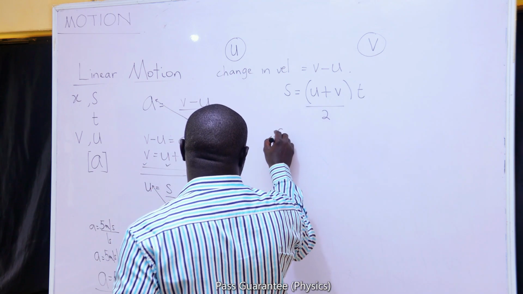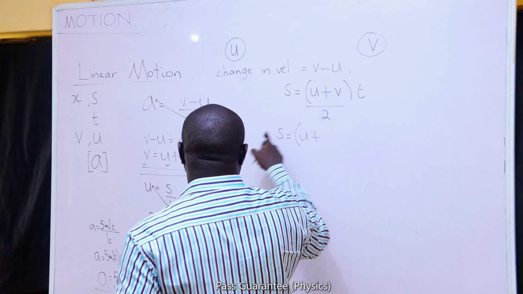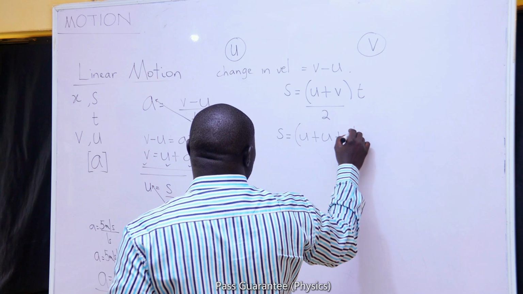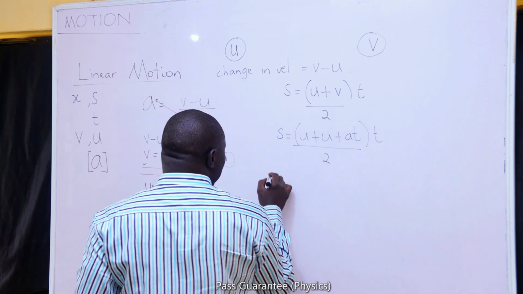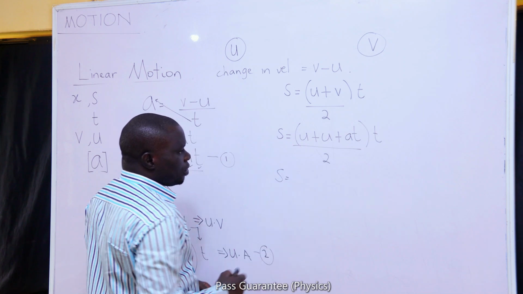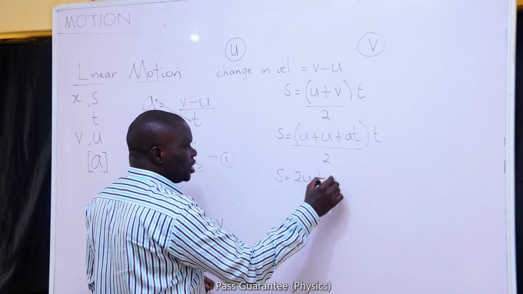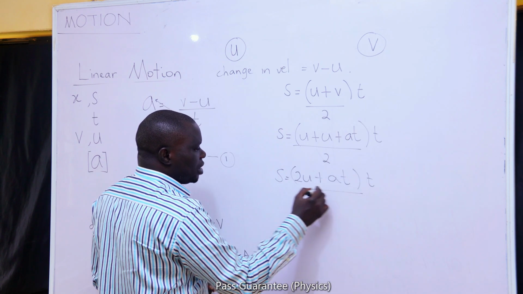If I do that, I will have s is equal to u plus, instead of v, I'll put u plus at, multiplied by t. Remember that we still have it divided by 2 here. So if I continue, I will have s is equal to 2u plus at multiplied by t divided by 2.